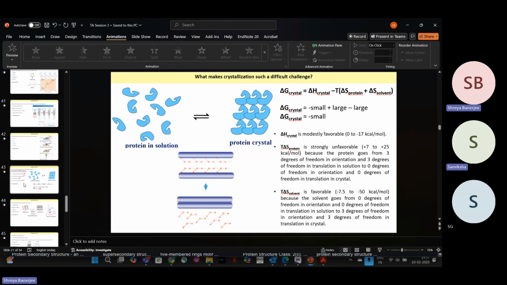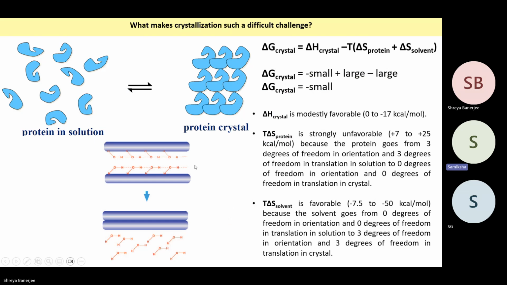Ma'am, means there will be no change in the entropy of solvent? See, initially the solvent is solvating each of the protein molecules separately.